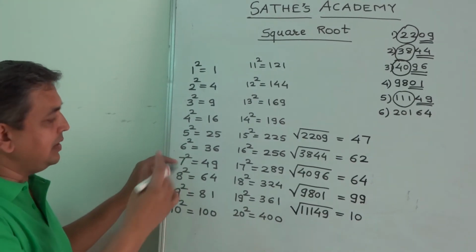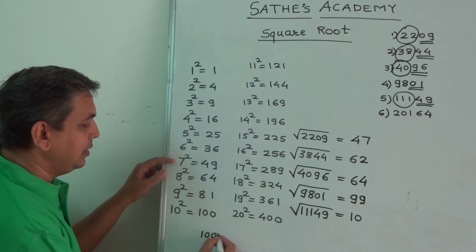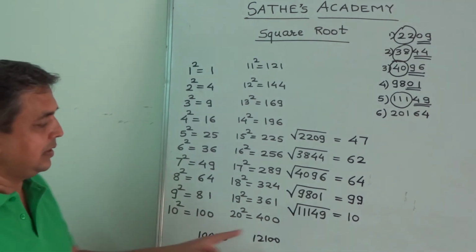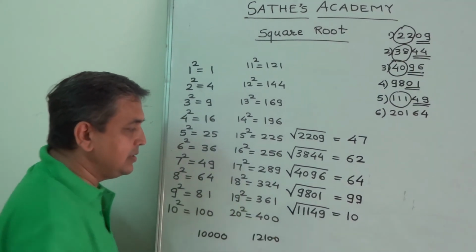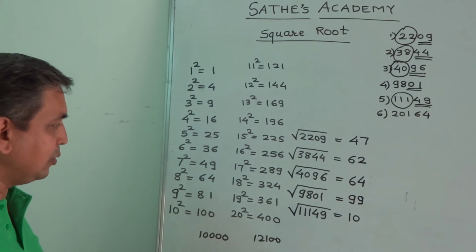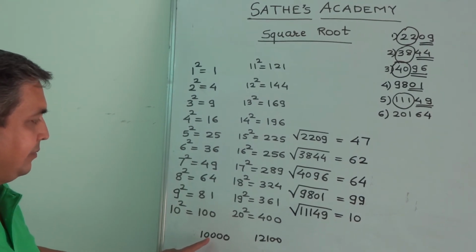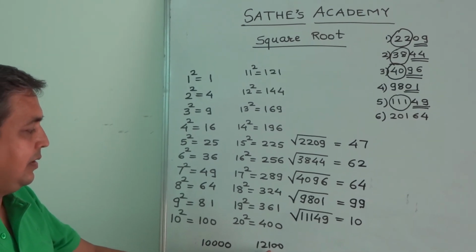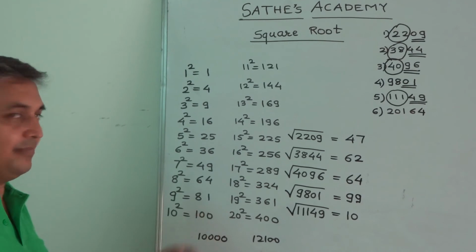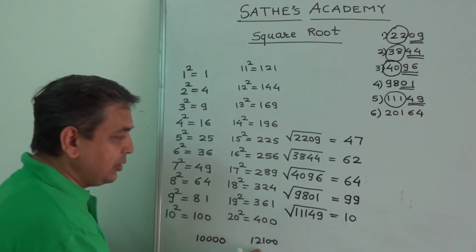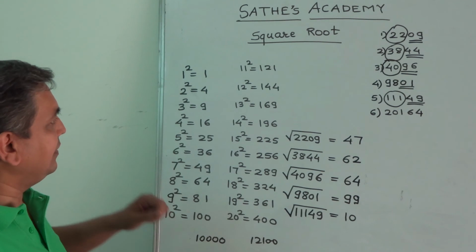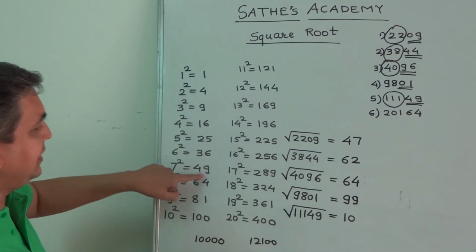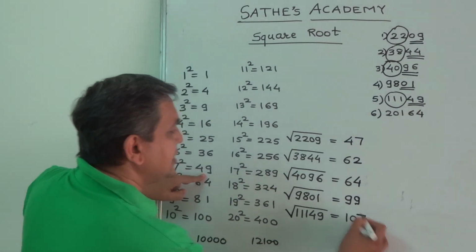Now this number is near to what number? Is it near to 10,000 or 12,000? It seems near to this number, and so we will have to write the greater number in this case, so I have to write 7 over here.